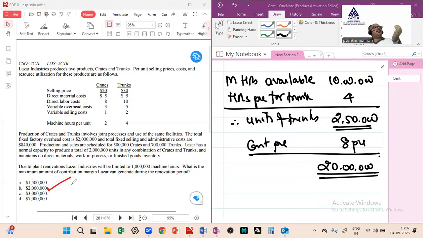Why? Any other product mix that does not take into consideration the limitation factor will not give you optimal contribution, will not give you the optimal profit.